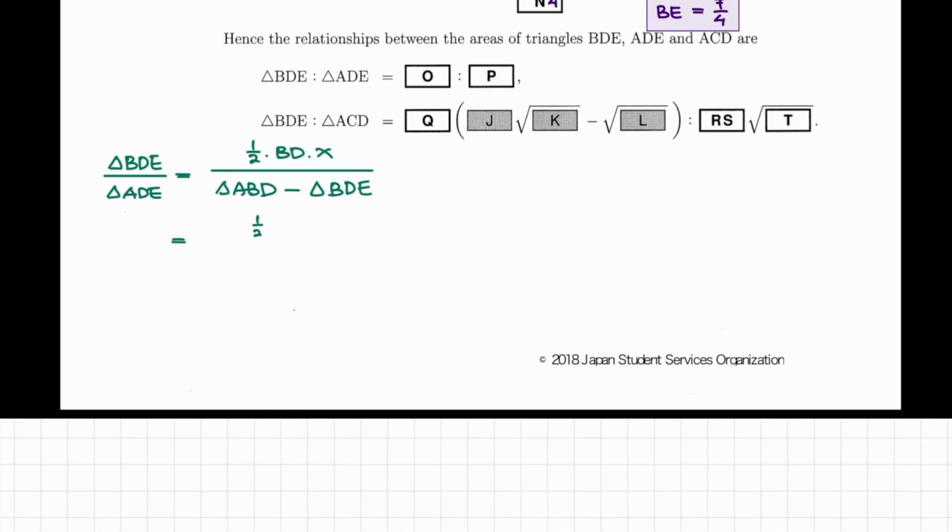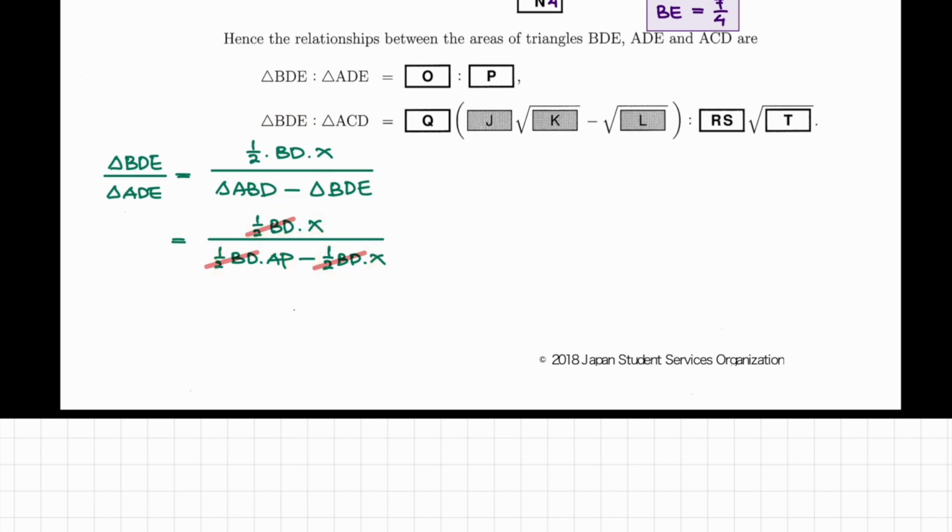So half times BD times x over half times BD times AB minus the area of triangle BDE, which is the same as the numerator, half times BD times x. You can cancel out half BD, since it is in all the terms.